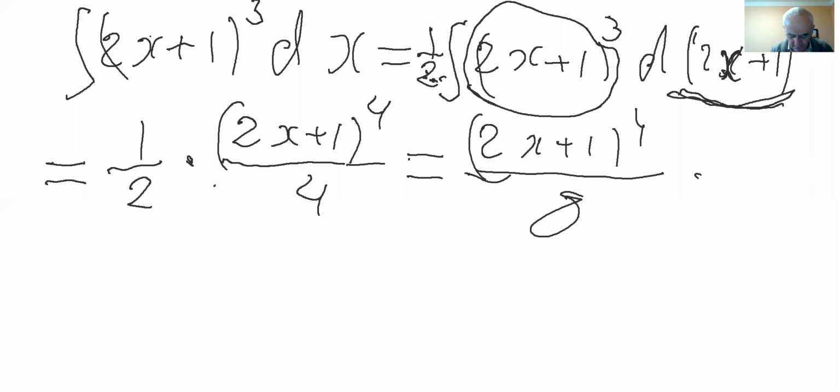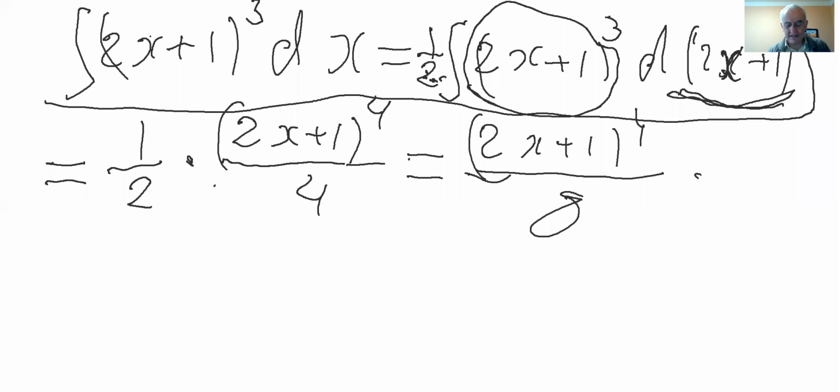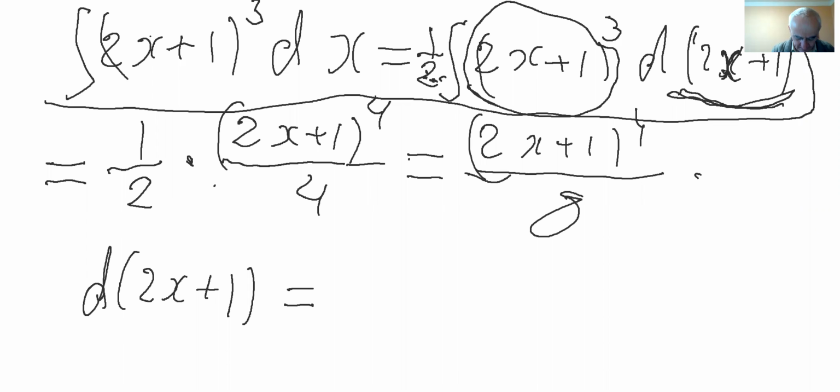Yeah, dx and d(2x plus 1). They are not equal. Let's write down d(2x plus 1) and dx. They are not equal, Luca.